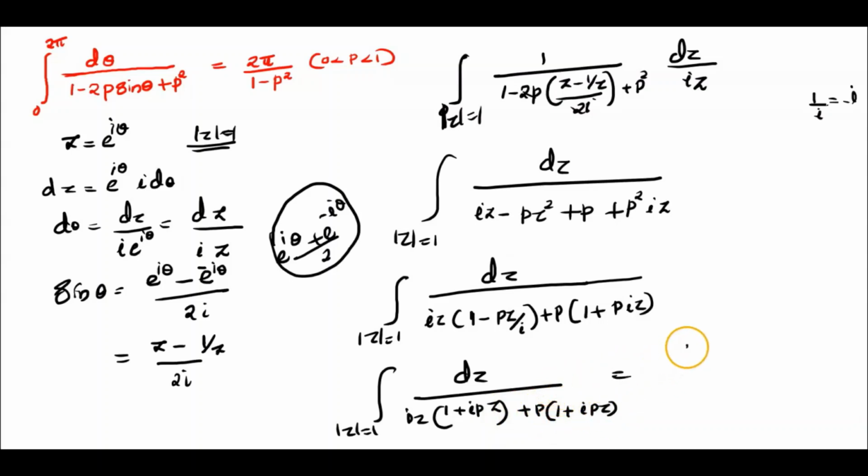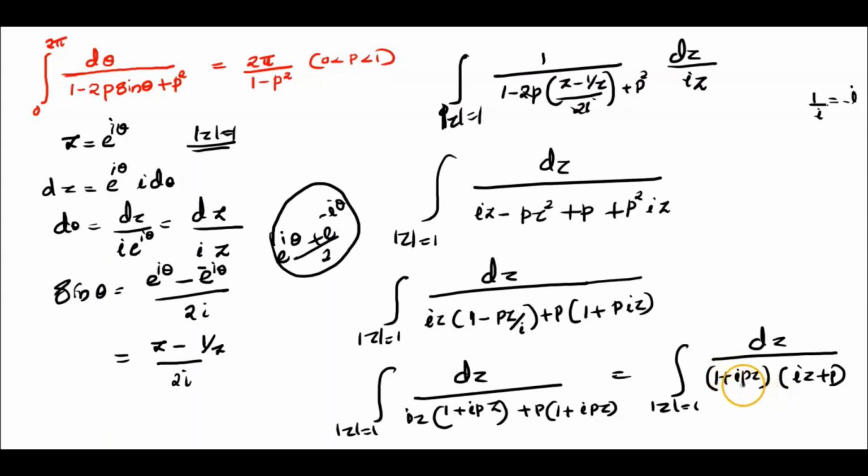So we can write it as the integral over mod z equal to 1 of dz divided by 1 plus i pz is common and the remaining is iz plus p. So we can write this function as this.